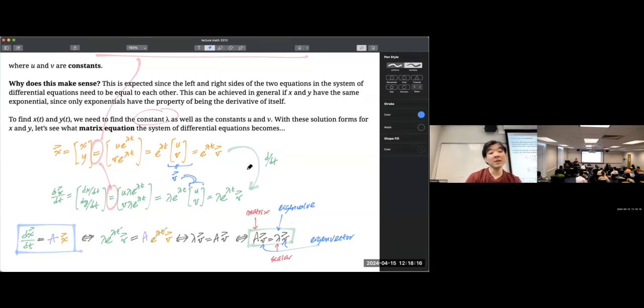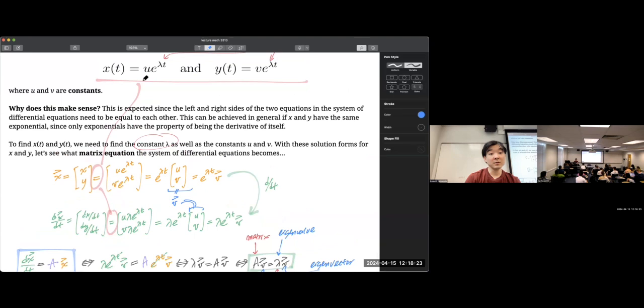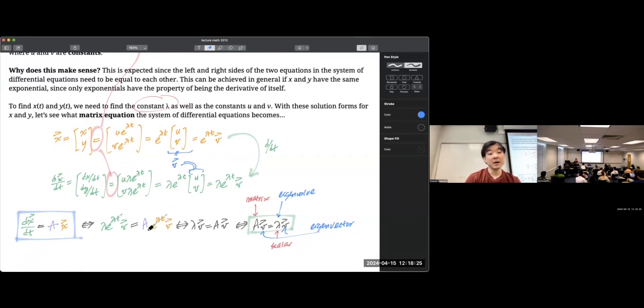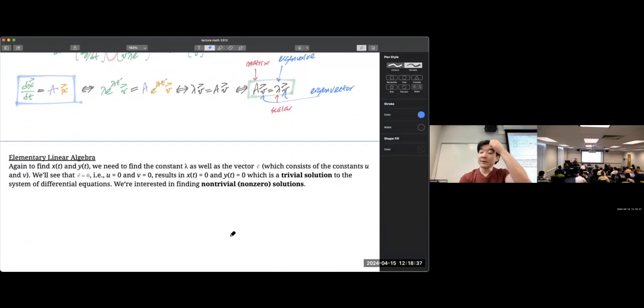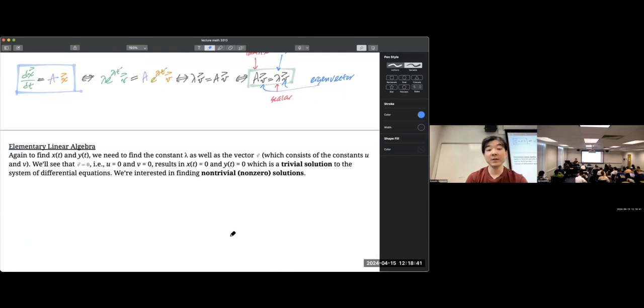And then all we did was plug in our dx vector dt, our x vector, given our solution form, and then we notice that it's equivalent to solving this right here. It just reduces to an eigenvalue eigenvector problem from linear algebra, which you don't have to have taken. So we're going to learn how to find the eigenvectors and eigenvalues.